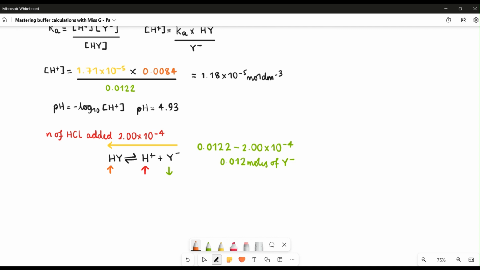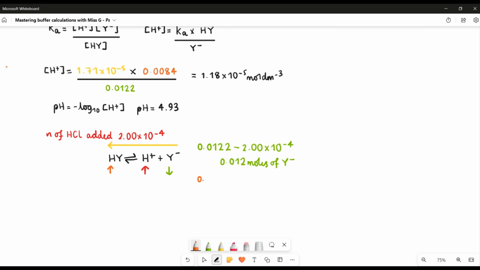And now I need to do the same thing with the HY in terms of changing the number of moles, but this time we're going to make more of the HY, because as the H plus ions get used up in reacting with the Y minus, we're going to make more HY as the position of equilibrium is shifting to the left.